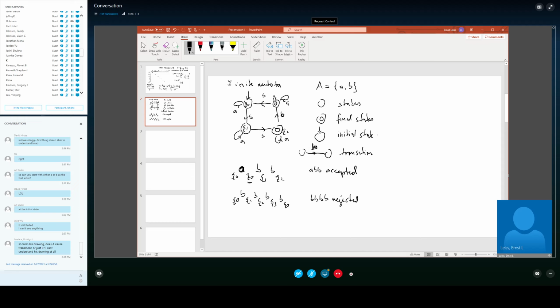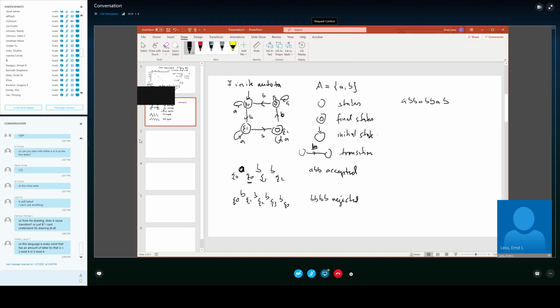If I give you A, B, B, A, B, B, A, B, we want to know, is that word accepted? So we go A, B, B, A, B, B, A, B, which means we end up in Q1. Q1 is not a final state, so this word is not accepted.